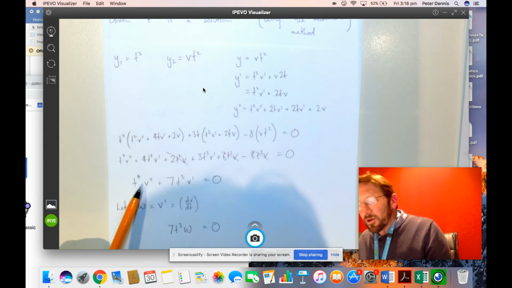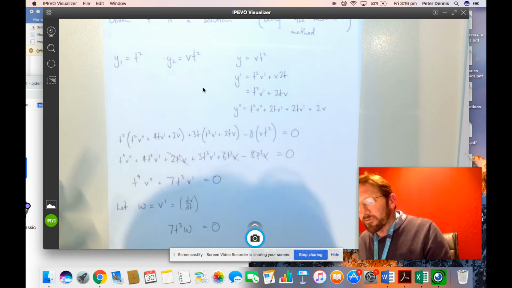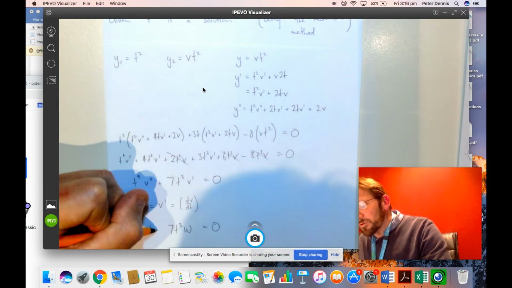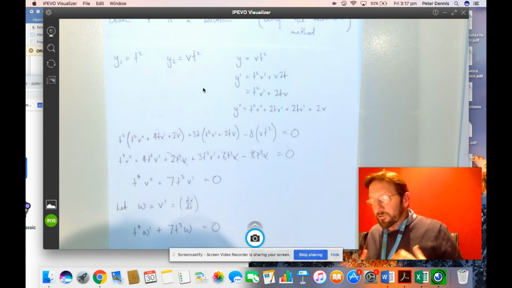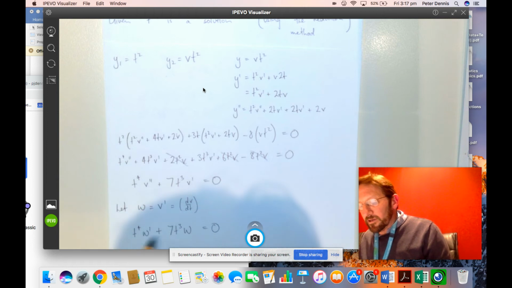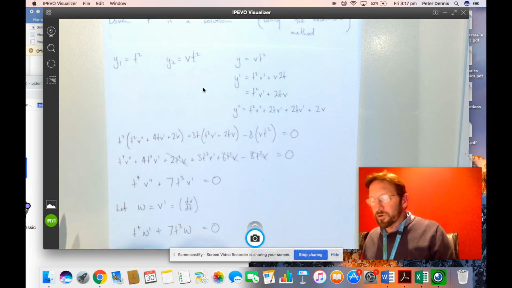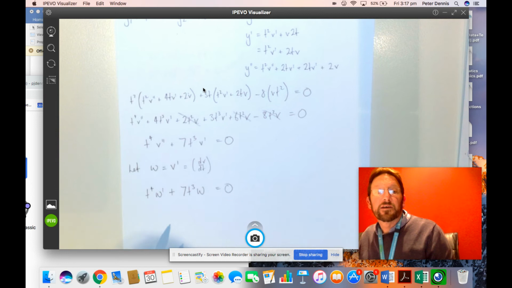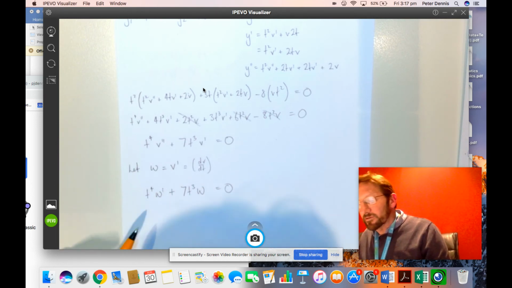That doesn't change. The second derivative of v is the derivative of this, which is w dash, so t to the power of 4 w dash. Suddenly we've reduced it to a first order differential equation, one that we can solve fairly easily in this case. We'll have to come back to find out what v is.